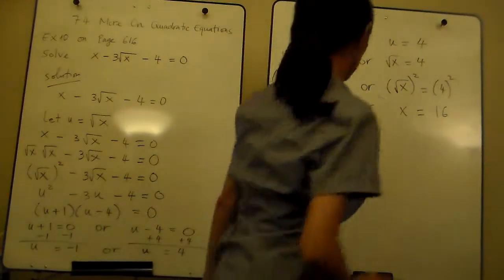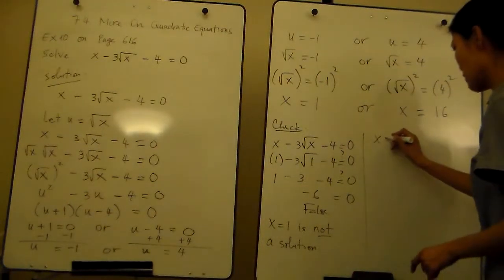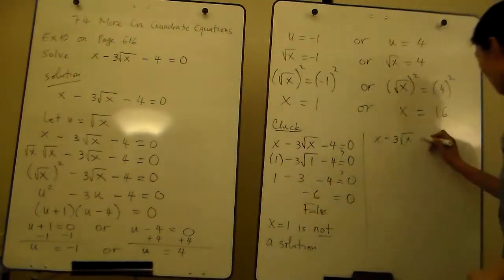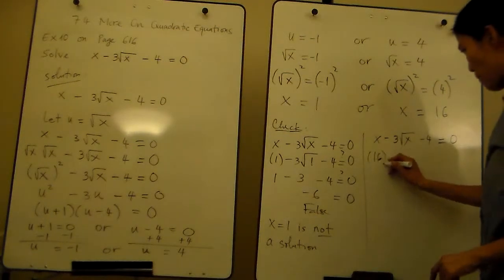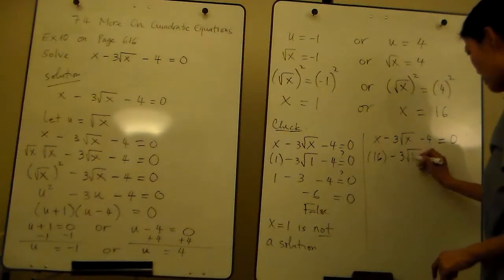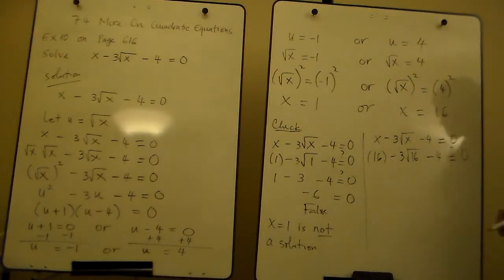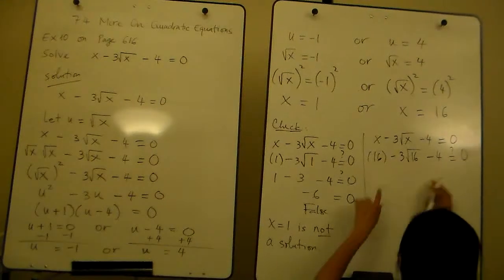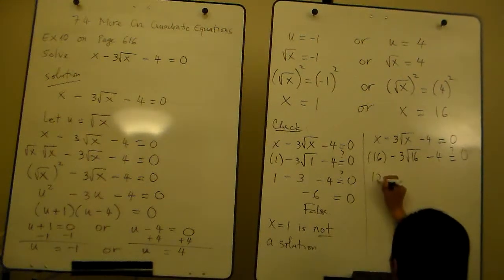Now we have one more solution, so let's check it. Replace into the original equation, minus 4 equal to 0. Replace 16 for x. Square root of 16 minus 4. Then simplify: 16 subtract 4 is 12.